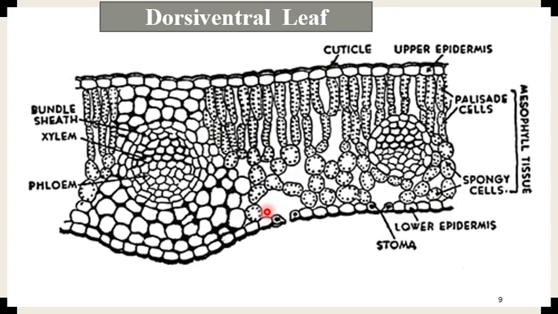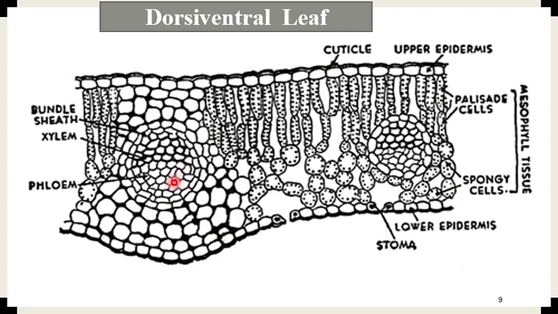Next is the vascular tissues. The veins of the leaves are the vascular bundles. The size of the bundle depends on the position one chooses to take in making the section.